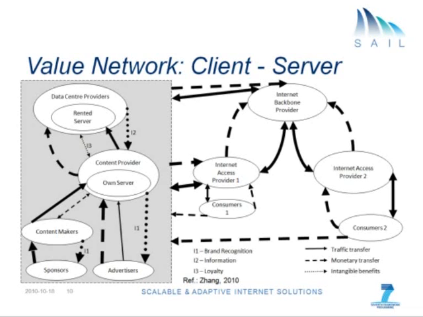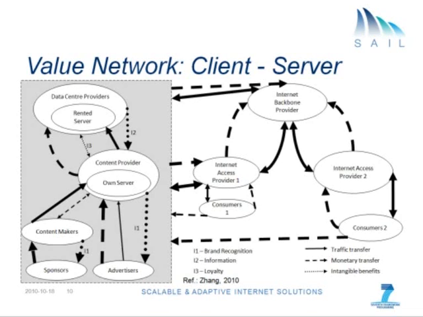So this is interlinked to the two-sided markets theory, because the value network shows us which are actually the transfers between different actors. So the notation in the figures goes so that we have different actors there, and they are interconnected with arrows.